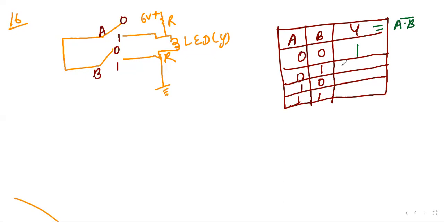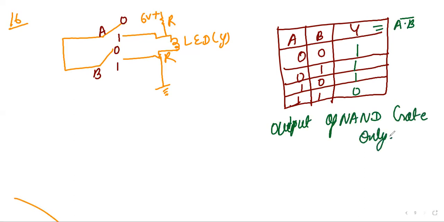Now 0, 1 is 0 and take its bar, then it is 1. 1, 0 is 0 and bar is 1. And 1, 1 means 1 and bar is 0. So this is the output of NAND gate only, right?